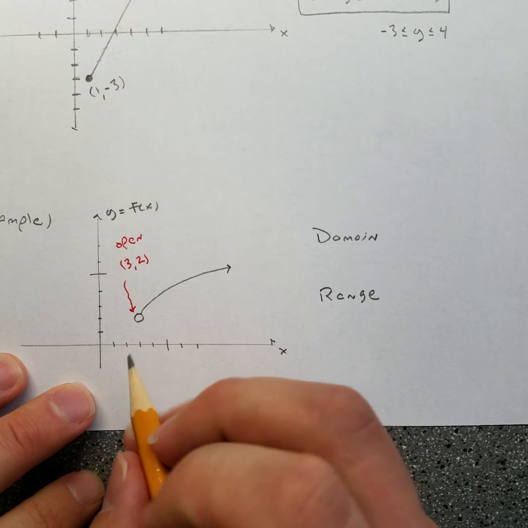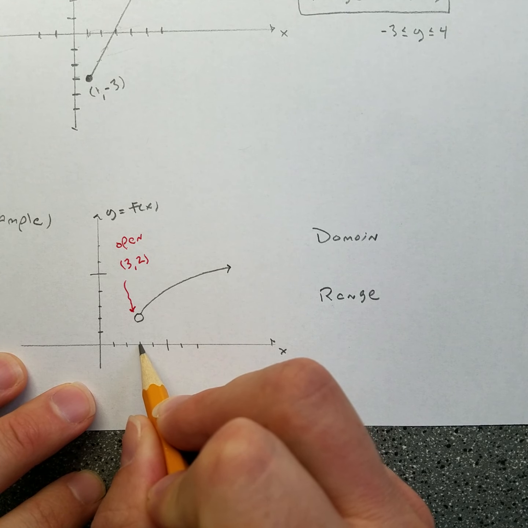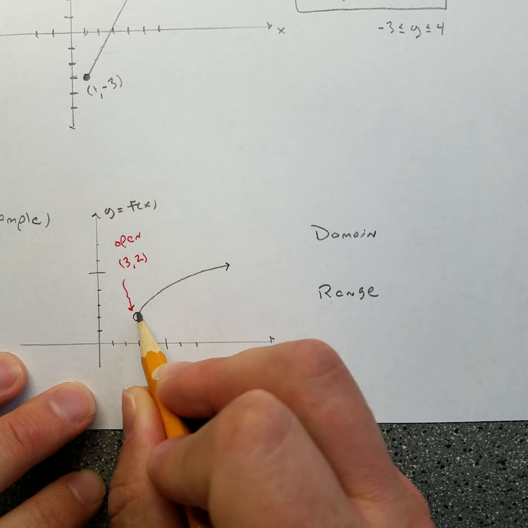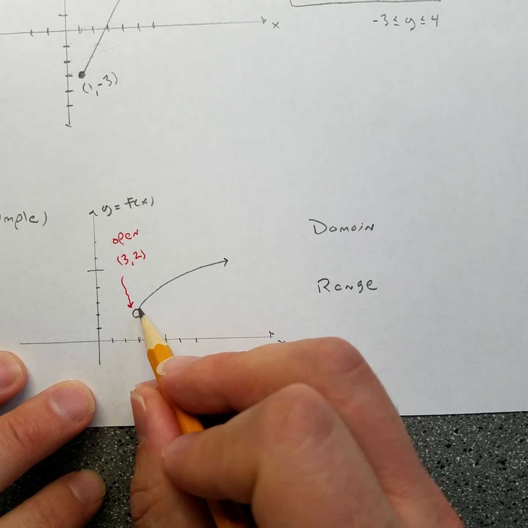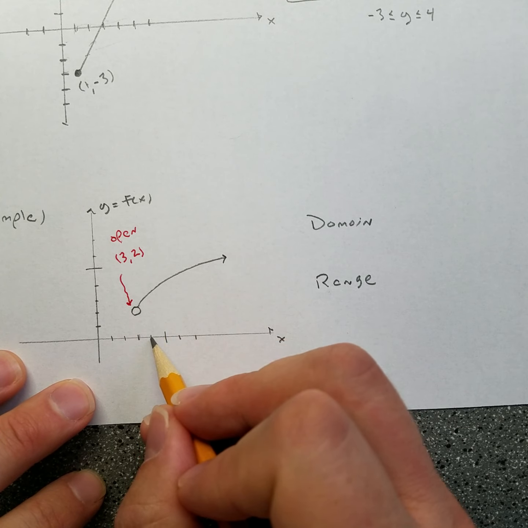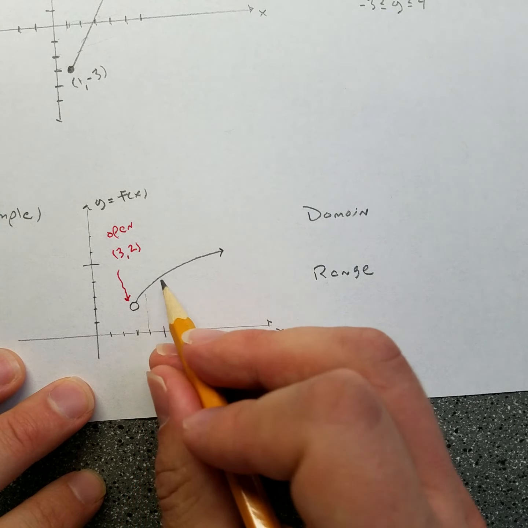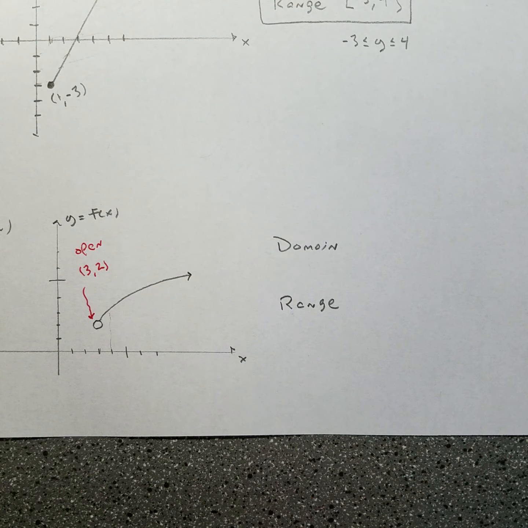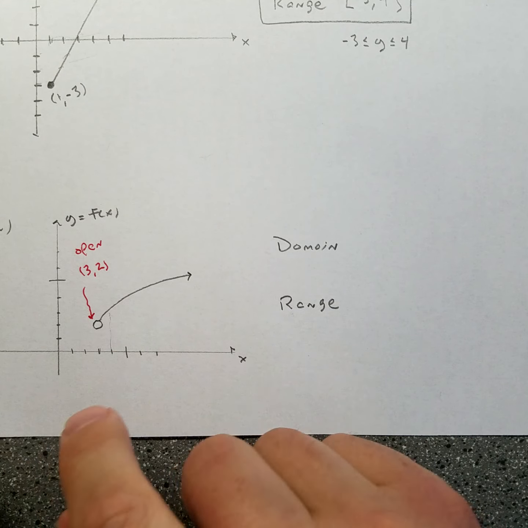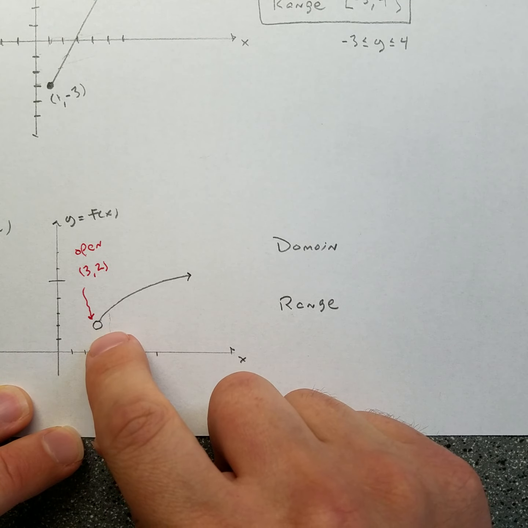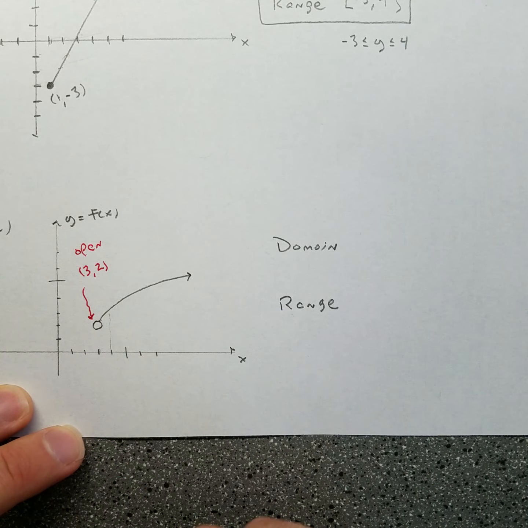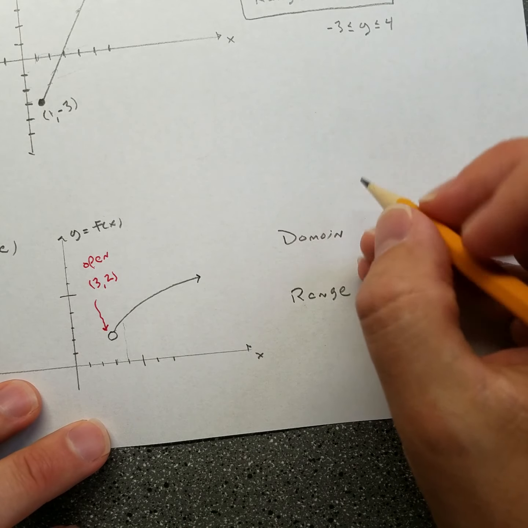It looks like x can't be 3. But it could be 3.1, 3.2, 4, 5, and so on. So I want to say something like x can be anything bigger than 3, but it can't be 3. So we could say like this.